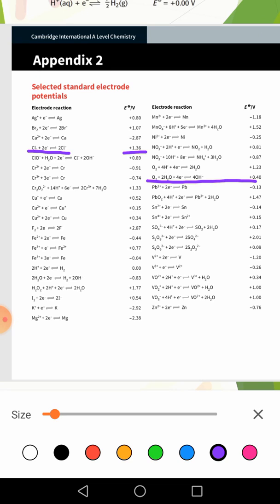Okay, so chloride is plus 1.36 and hydroxide is plus 0.40. So in normal state, tell me, these are all negative ions, isn't it? So negative ions means anions, so they have to get oxidized.